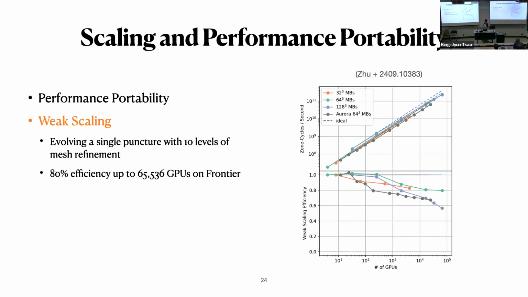Here we have done weak scaling tests on both Frontier and Aurora, which use AMD, NVIDIA and Intel GPUs accordingly. We have run up to almost 10^5 GPUs, and we observe a weak scaling efficiency of roughly 80% with a 64 cubed mesh block.